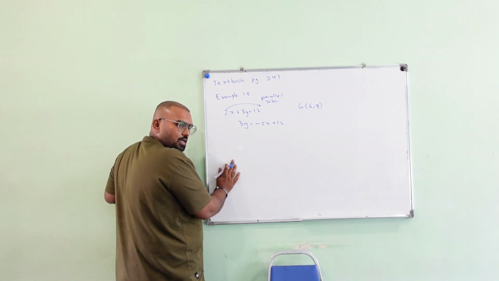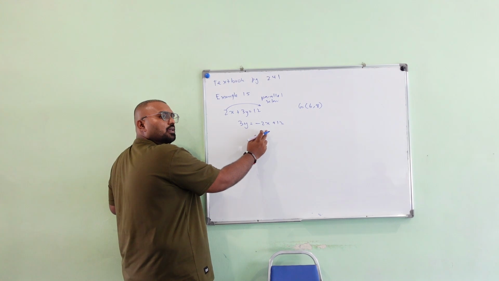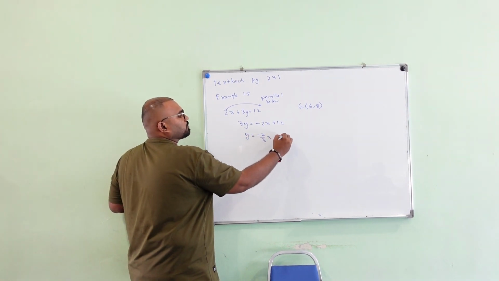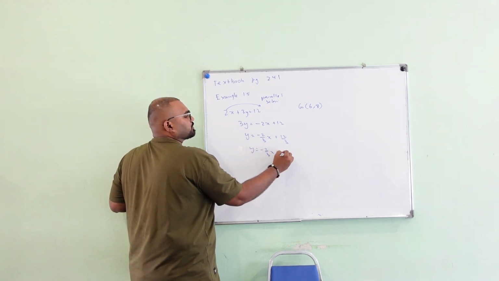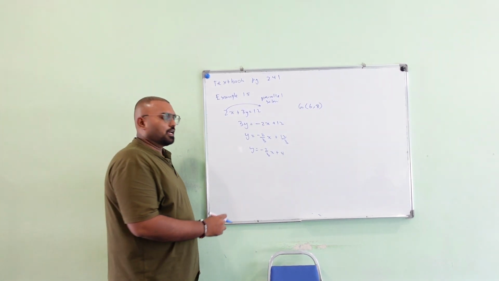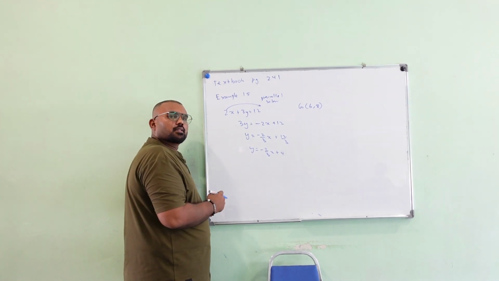Faham? Clear? So now 3 and y doing what? Times. When go there? Divide. So y equals to negative 2 over 3x plus 12 over 3. So y equals to negative 2 over 3x plus 4. Clear? Okay? So then you can see here now, who lekat dengan x?